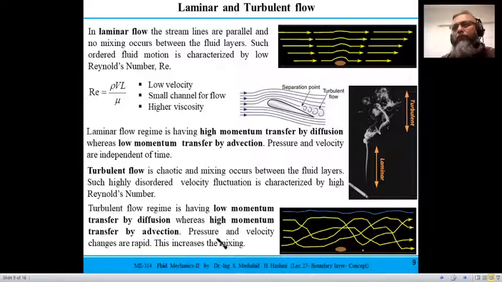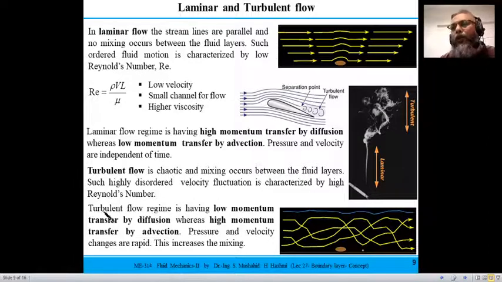At an earlier level, you have seen that laminar flow is when lines are parallel, but now you look more closely at how the different layers of the fluid transfer momentum. Low momentum transfer by diffusion at a microscopic level is a feature of laminar flow, whereas high momentum transfer by advection at a macroscopic level is a feature of turbulent flow.